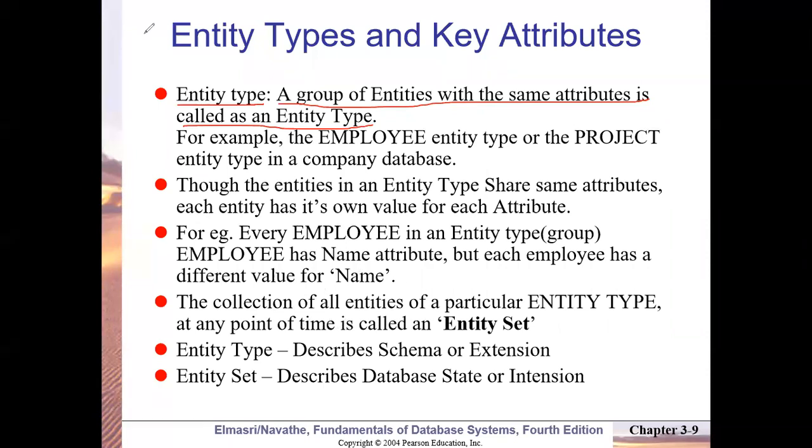So what does that mean? Suppose you take the example of the entity type 4B. Suppose it has three attributes: roll number, name, and city.